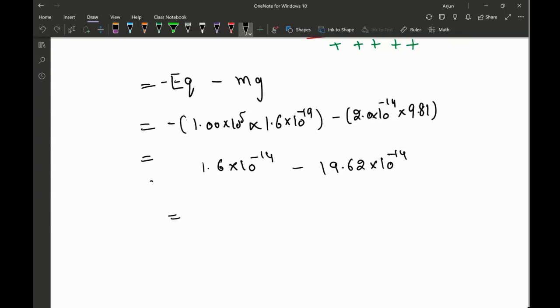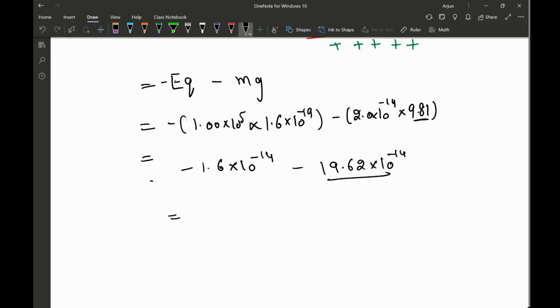I'm just going to look at the numbers carefully one more time. Both will add up, not subtract, because this is also negative. So I was subtracting earlier. 19.62 plus 1.6. The 14 is correct, it's going to stay this number, 19 minus 5, 14.